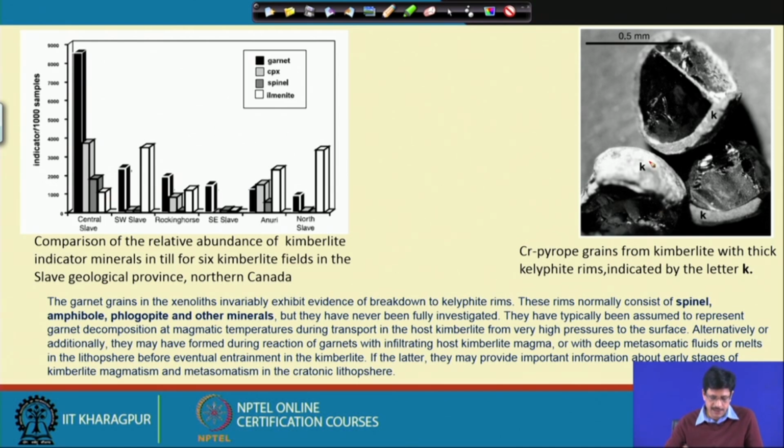Now, this kelyphitic rim is not very well understood, but the possibility is that these garnet grains in these kimberlites invariably exhibit evidence of breakdown. These are essentially evidence of breaking down to kelyphitic rims. These rims consist of spinel, amphibole, phlogopite and other minerals, and they are assumed to represent garnet decomposition at magmatic temperature during transport of the host kimberlite from a very high pressure to the surface.